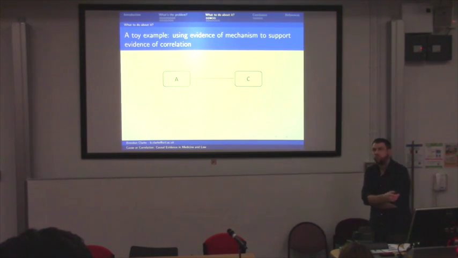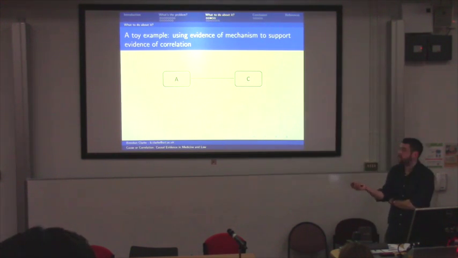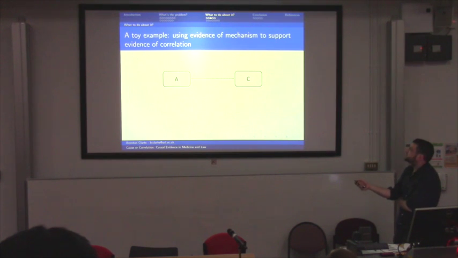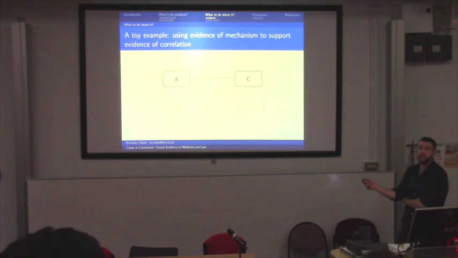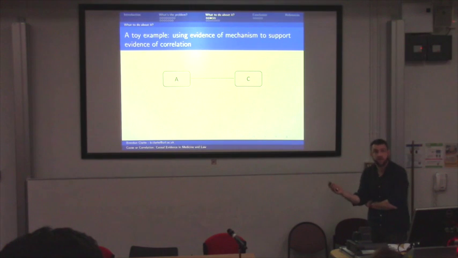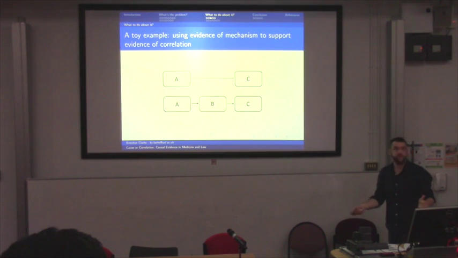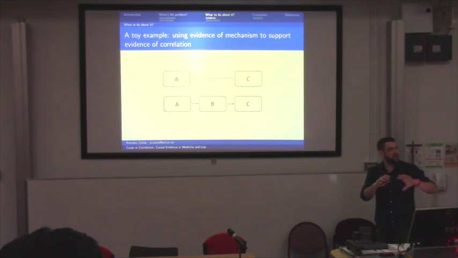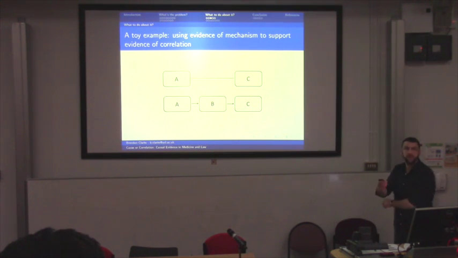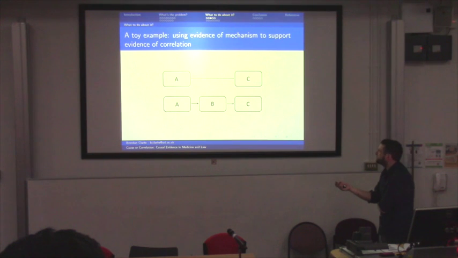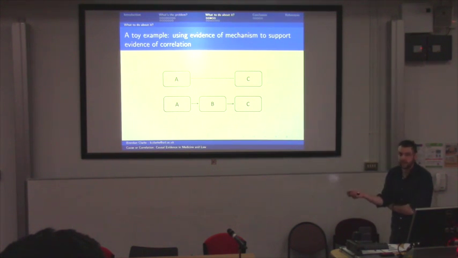A nice example, in the blood pressure example that we're thinking about, would be the ACE inhibitor type drugs and persistent cough, which is a well-known side effect of some of the ACE inhibitors. We can attach a mechanism that might underwrite or explain that correlation. That's not a controversial thing to say, I think. And people who know more about respiratory physiology than me have a pretty good idea what this mechanism is.